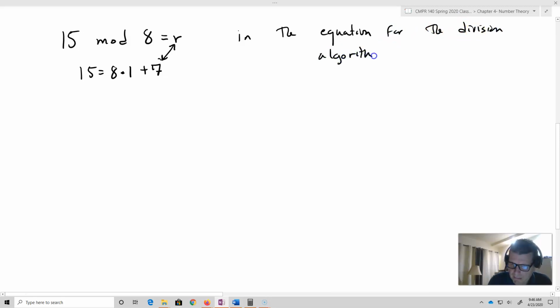So that's what 15 mod 8 is. It's basically that remainder. So 15 mod 8 equals 7.